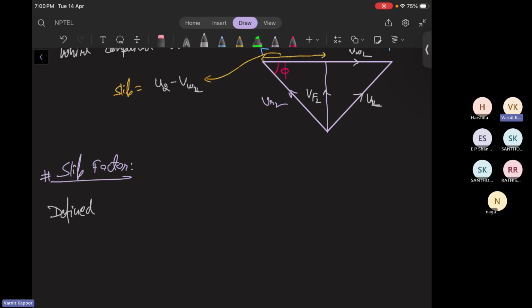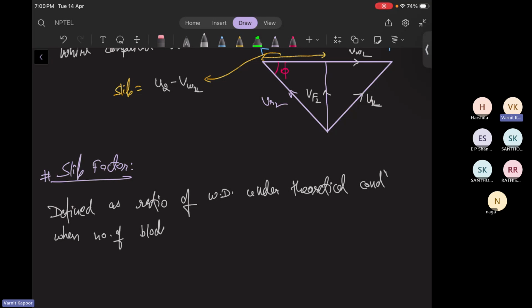You cannot have an infinite number of blades. Slip factor is defined as the ratio of work done under theoretical condition, when the number of blades are finite, to the work done under ideal condition.